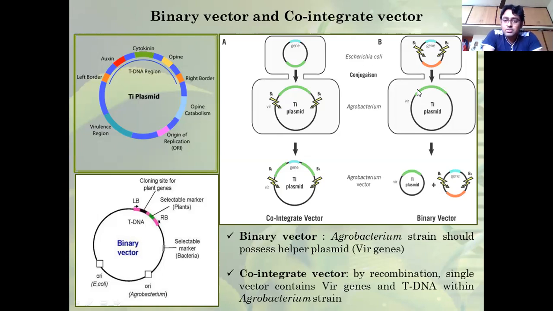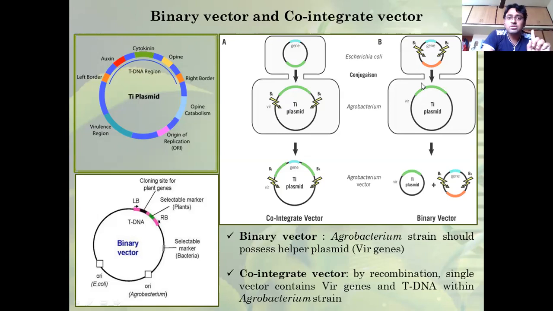What happened? In the Agrobacterium strain which possesses this binary vector, based upon the Ti plasmid, the binary vector carries the tDNA region where my gene of interest and the selectable marker cassette will be. And another vector should be present, which carries only the vir genes, no tDNA region.